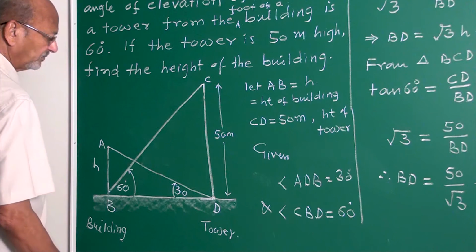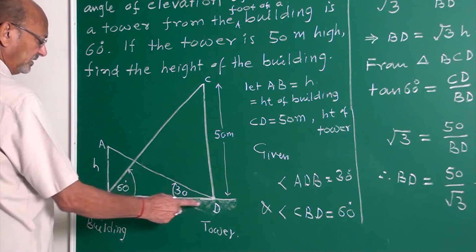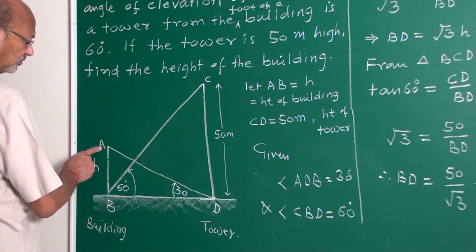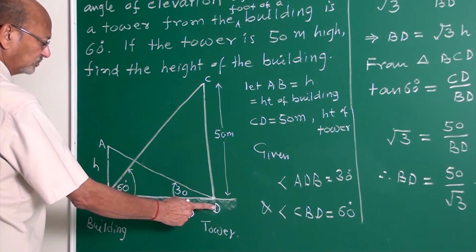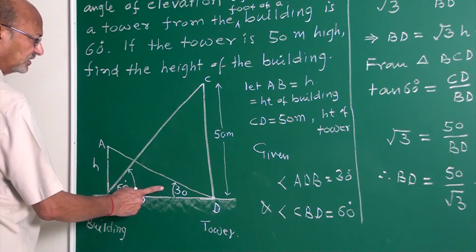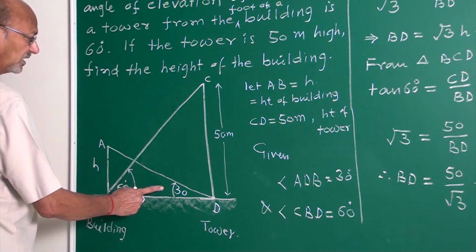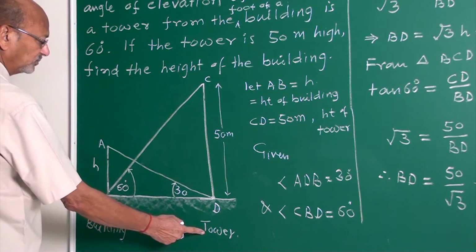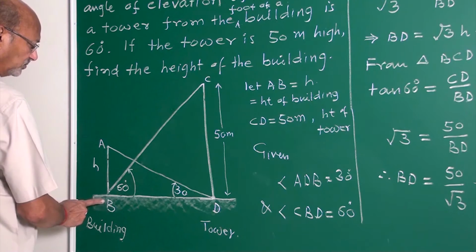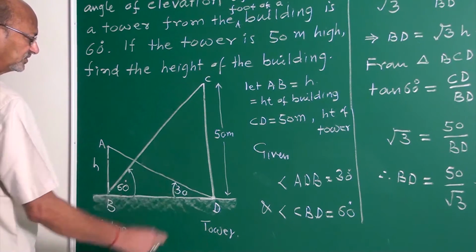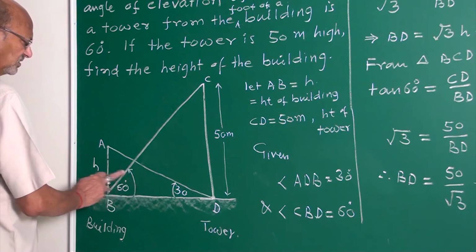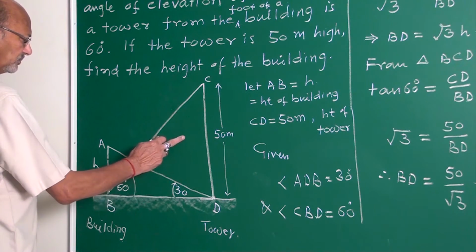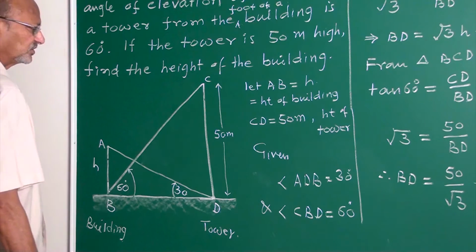Therefore, given angle ADB, from the top of the building to the foot of the perpendicular, is 30 degrees. Angle CBD, where C is the top of the tower and B is the foot of the perpendicular, is 60 degrees. Small triangle tan 30, big triangle tan 60.